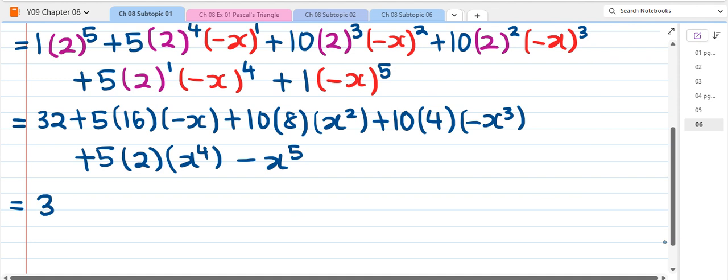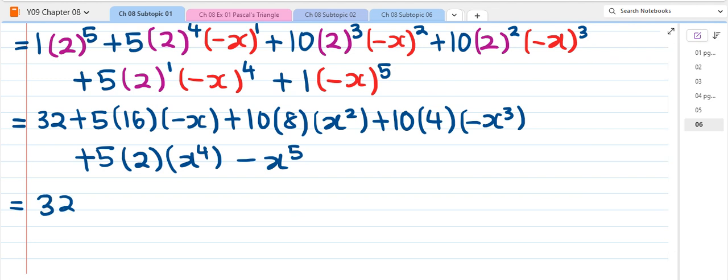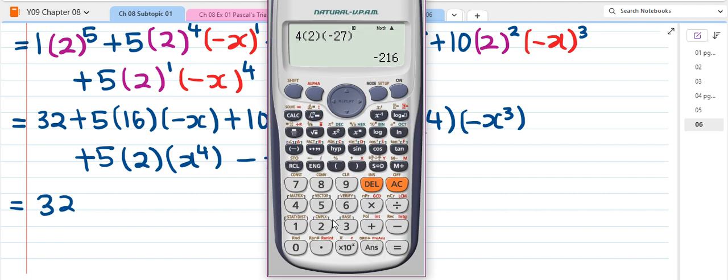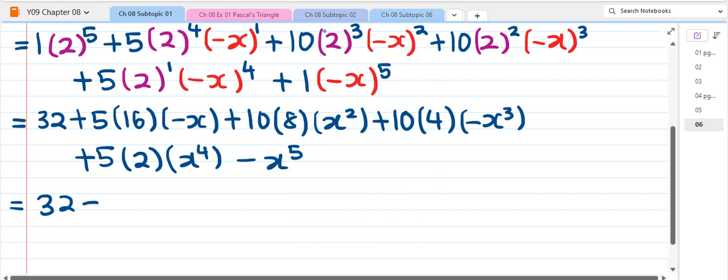So 32, and 5 times 16 times negative x is going to be, let's say the negative x has the coefficient of negative 1, so it's going to be negative 80. So minus 80x. 10 times 8, the next term will be 80x squared.